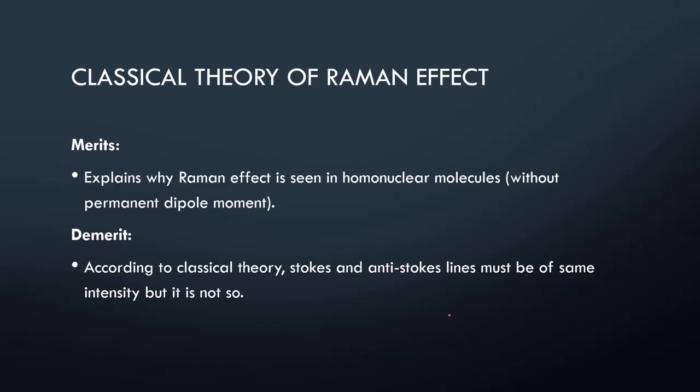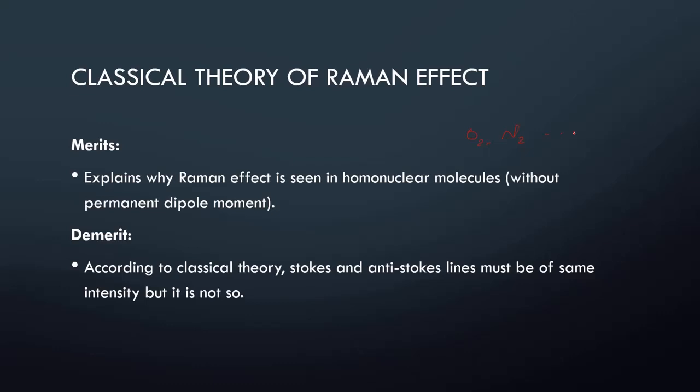The first merit is that this explains how even homonuclear molecules, that is, molecules which don't have a permanent dipole moment, also show a Raman spectrum. We have molecules such as oxygen, nitrogen, etc. showing a Raman effect.